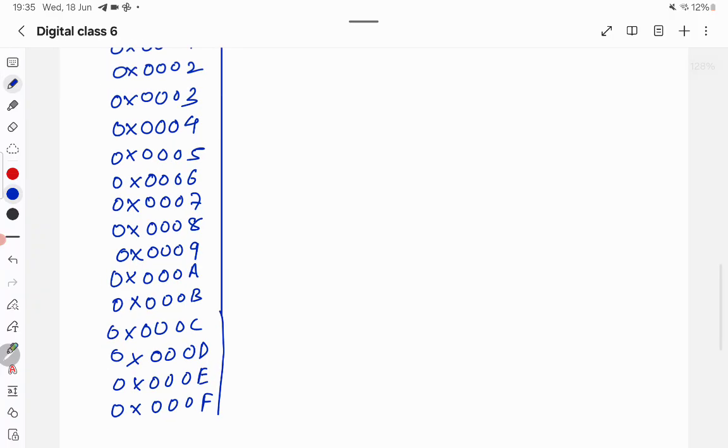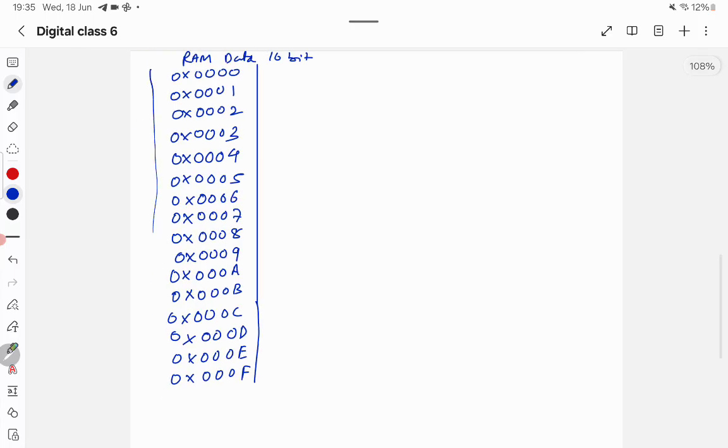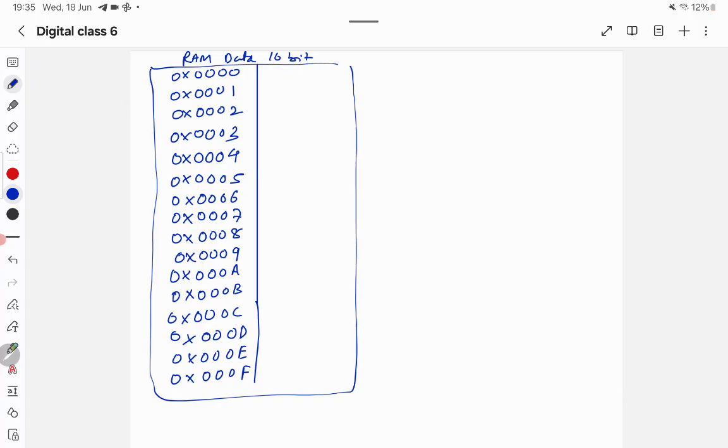This table will be given to you. So what are the values?